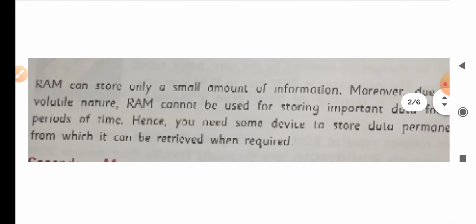RAM can store only a small amount of information. Moreover, due to its volatile nature, RAM cannot be used for storing important data for long periods of time. Hence, you need some device to store data permanently, from which it can be retrieved when required. So as I told you, we cannot store much data in RAM because first of all, it has a volatile nature, isn't it?